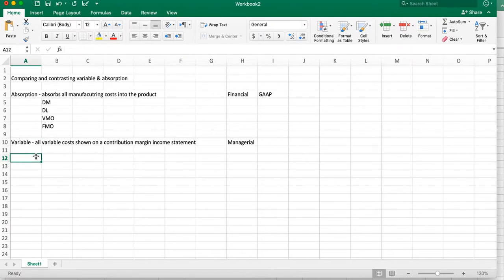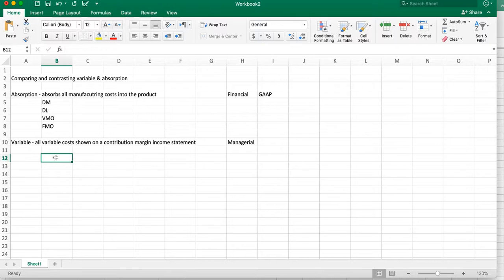It's not something we can issue to external parties like the bank, the Securities and Exchange Commission, or our stockholders. It's something we keep internally, and it helps us analyze our costs better because fixed is fixed. Fixed is not going to change within a relevant range. However, variable can change, and so we use a variable costing income statement to analyze those changes.